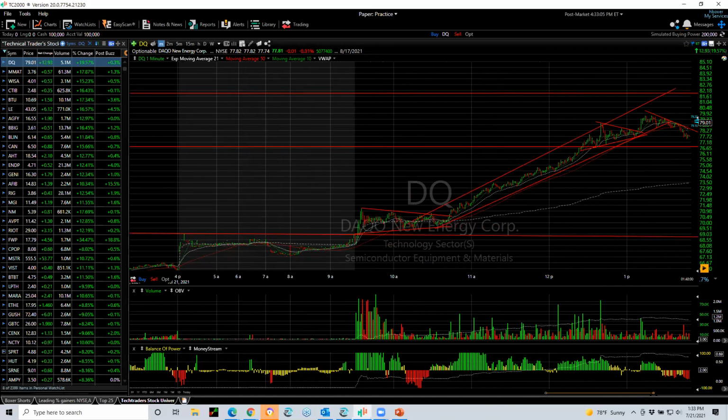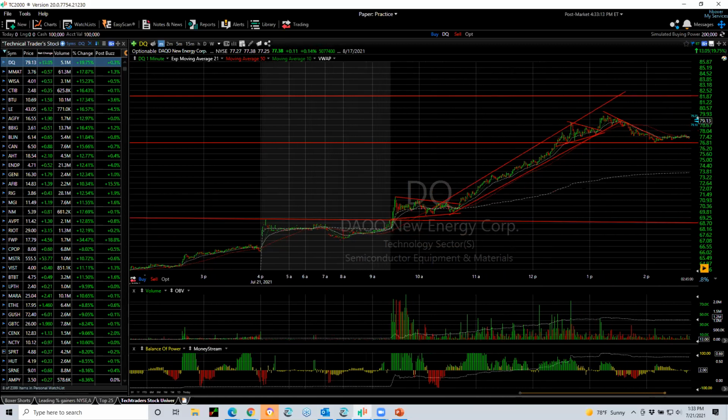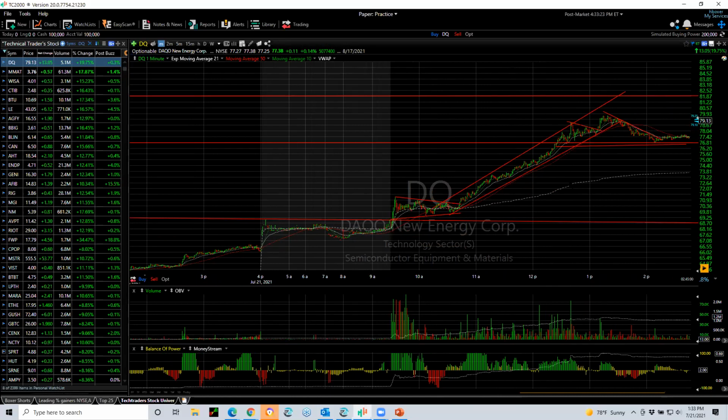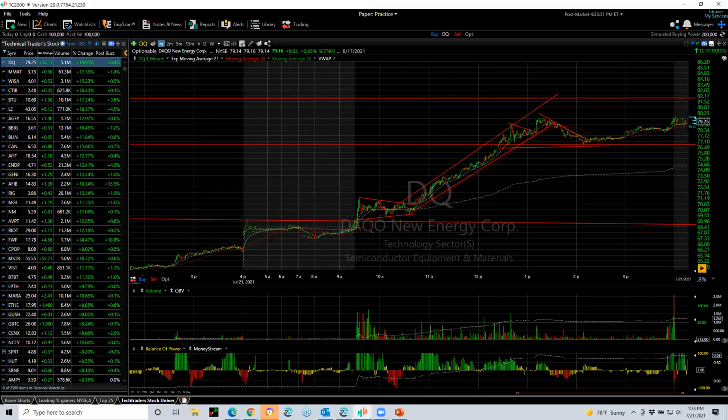It extended after forming a wedge or a coil. And then it took a dip, but held lateral support at these levels here. That's where I told them to stop it if it broke down underneath, say, 76.5. And then it came right back up again, and after hours made a new high.